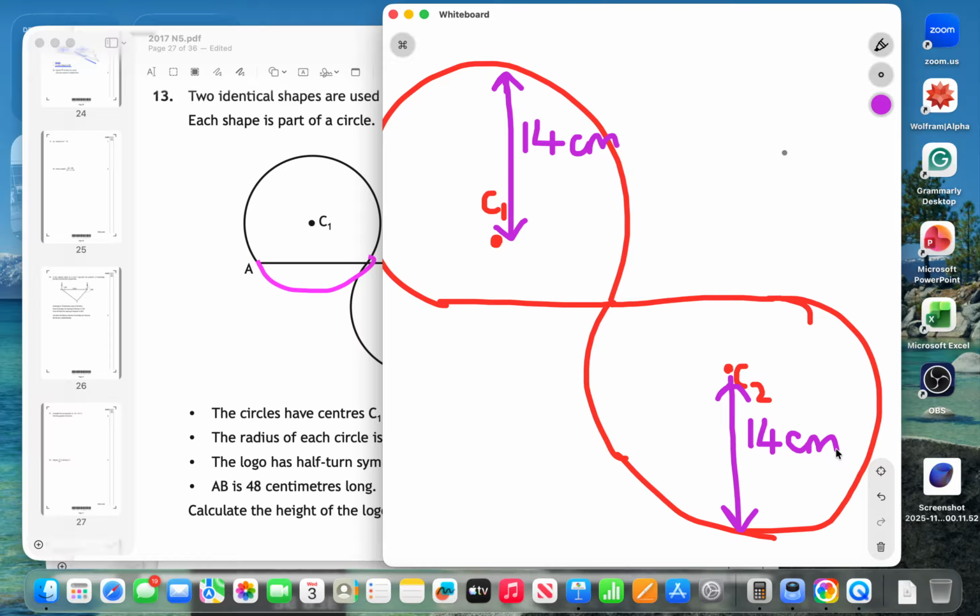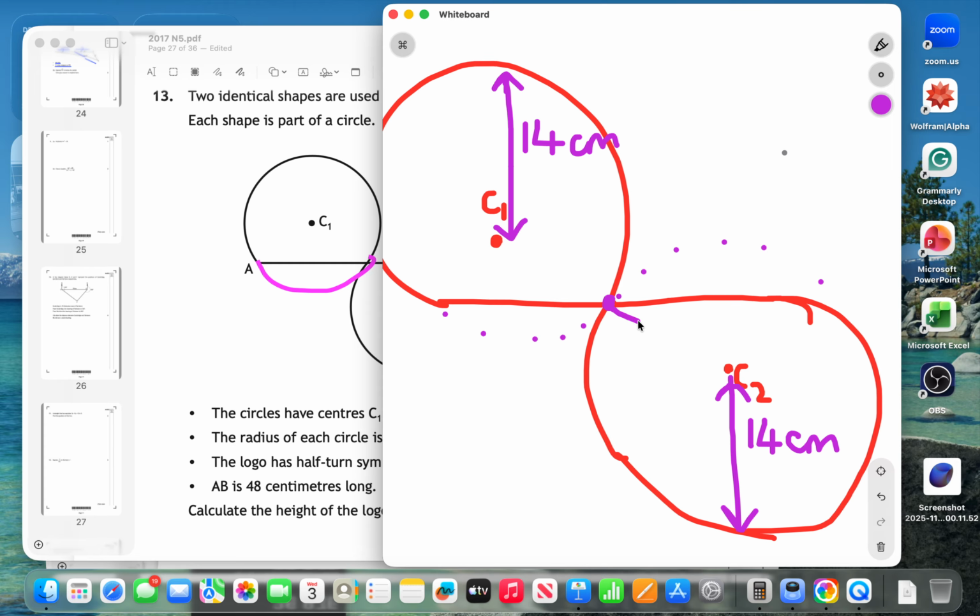They're each 14, but this point is on the circumference of, if you imagine the full circle, both of them.